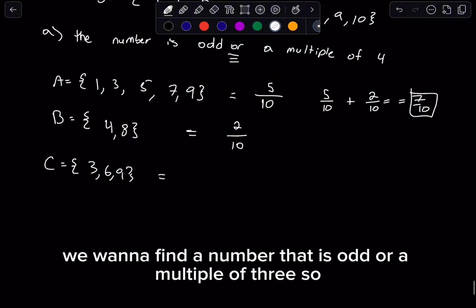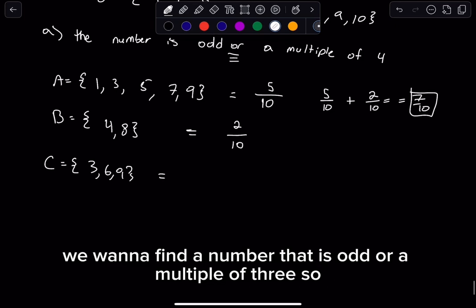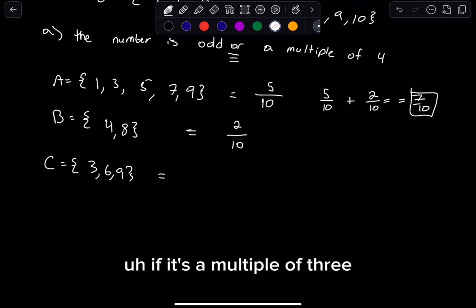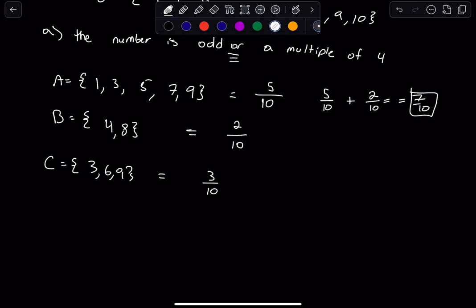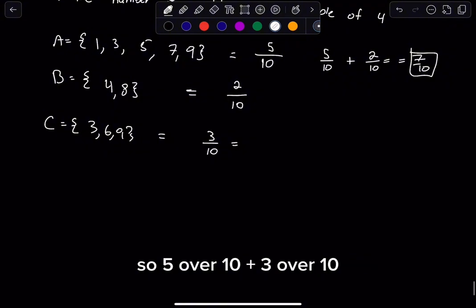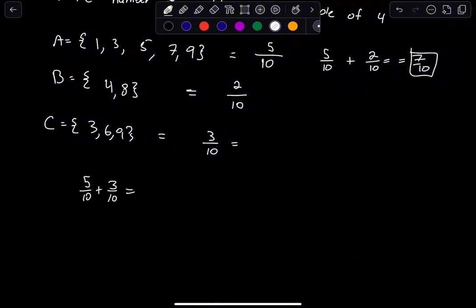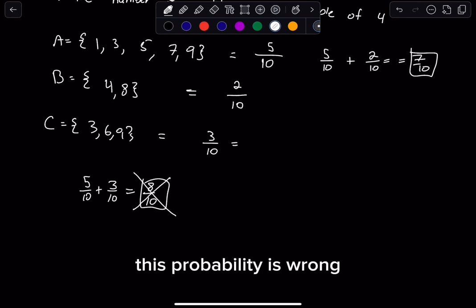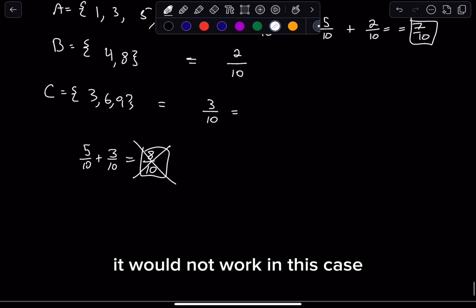We want to find a number that is odd or a multiple of 3. So if it's a multiple of 3, it's going to be 3 over 10. And if we were to add these two, so 5 over 10 plus 3 over 10, 8 over 10, this probability is wrong. It would not work in this case.